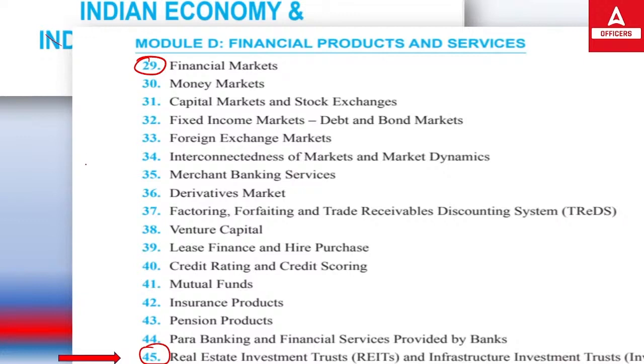So all the units we have covered in 17 classes, including the cover up of your module. Now in the next class I will be coming up with one session in which we will be talking about combined module units. All the units I will be discussing in the next session of yours. So do make sure you stay connected with Officers at 24/7, with my session of IE IFS subject, which goes Monday to Saturday in the evening at 7 p.m.